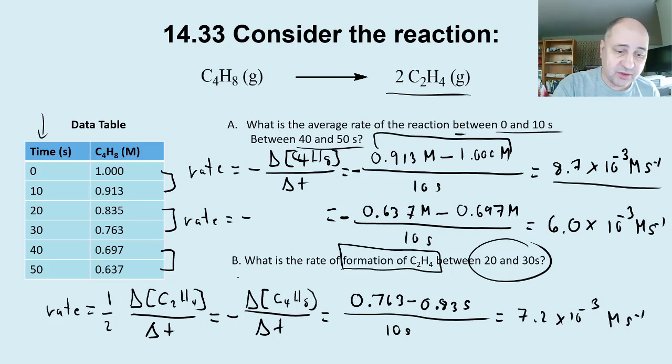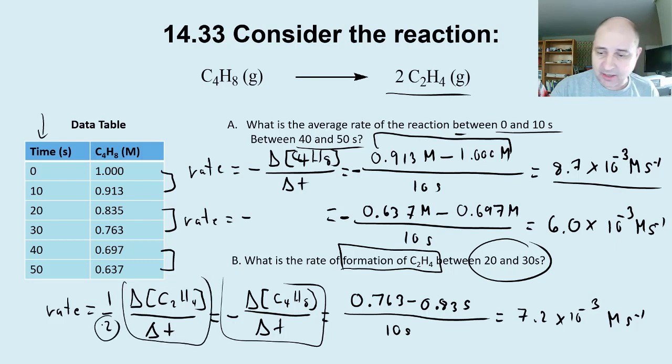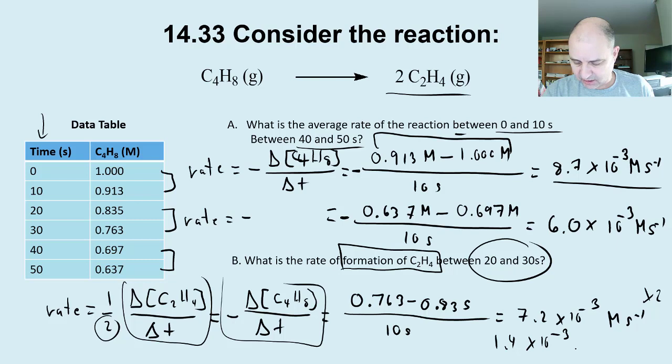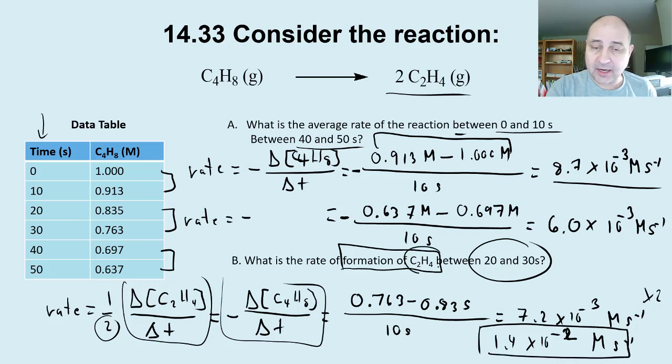Now that is this rate here. If I wanted to solve for the formation of C2H4, I have to multiply by 2. So this rate times 2 gives me 1.4 times 10 to the minus 2 M per second. So that is the rate of formation of the product.